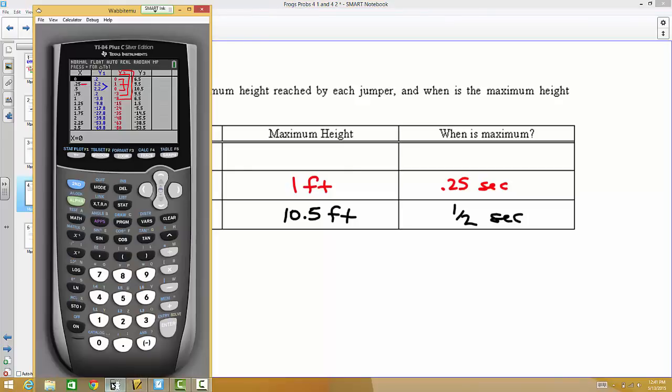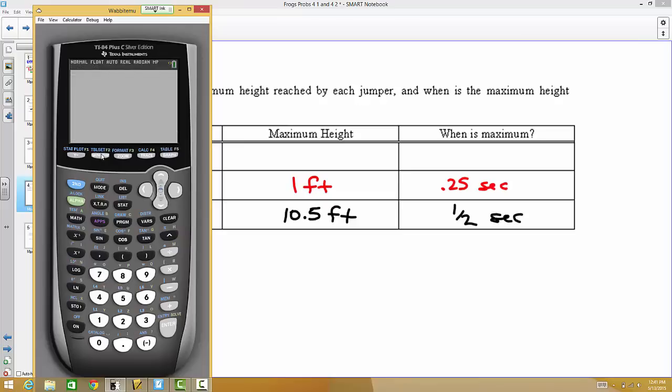Okay, so let's go back and look at our lovely symmetry. So we just went up in our table by 0.25, so we need to go up by half of that again so that we can get in between 0.25 and 0.5. So half of 0.25 is 0.125.